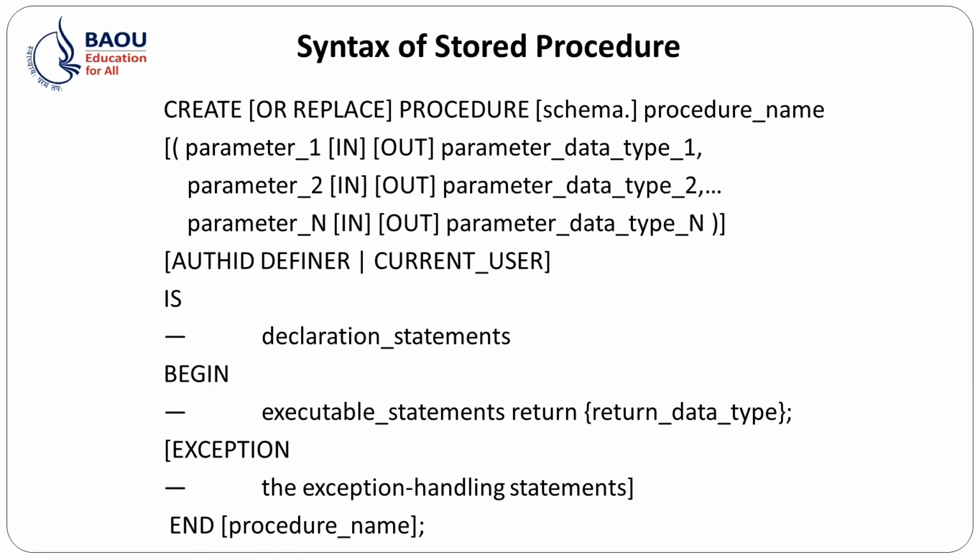The code between IS and BEGIN makes the declaration section, where it declares the variables. Then BEGIN represents the coding part of the procedure. The exception section handles any error in the execution part of BEGIN. If there is any error in the BEGIN part, it will be handled by the exception section. Here it is in a square bracket, which means it is optional, and then END.